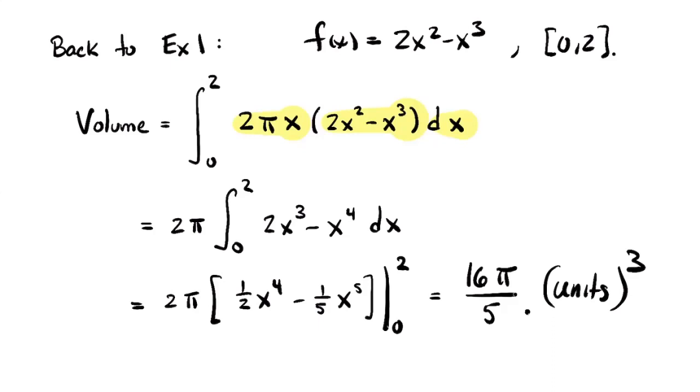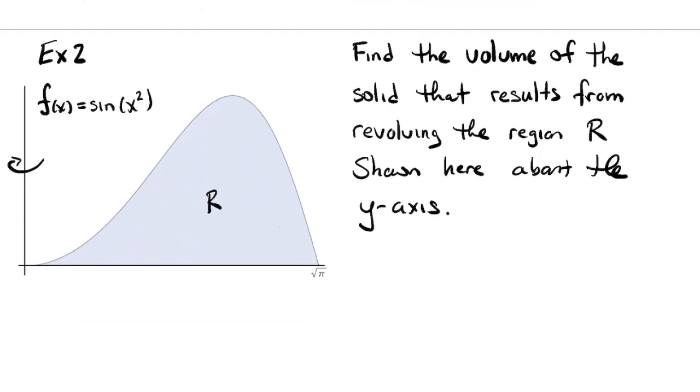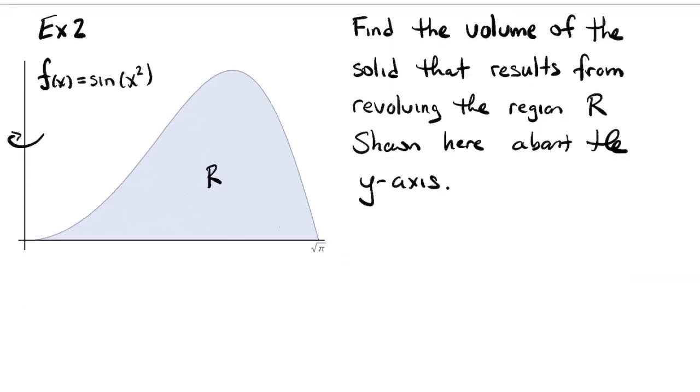Nice. Let's do one more example, and then I'll leave it there for this video. We can do more examples in the online class or in an office hour if you like. Here I've got a region. It looks kind of like the previous region, but it's different. The function here is f of x equals sine of x squared, plotted over the interval from 0 to the square root of pi. It's small on the screen, but that says square root of pi down there.